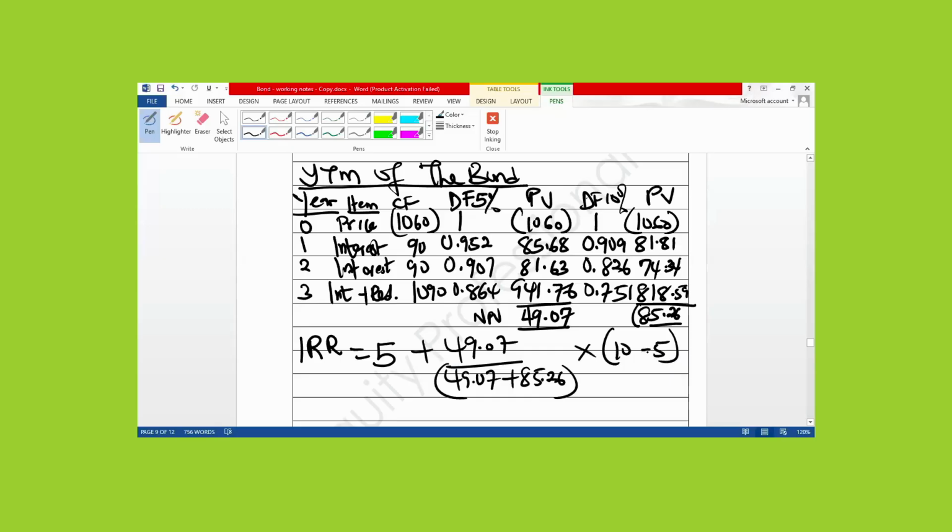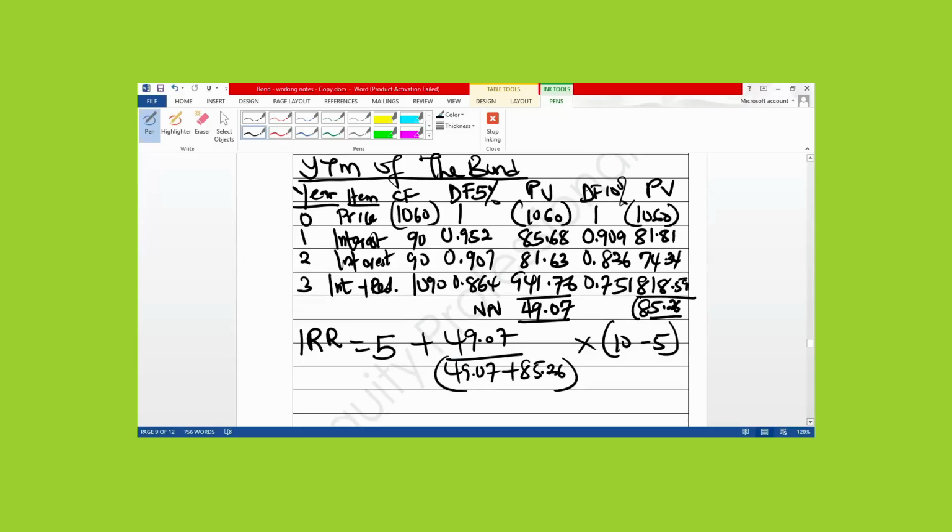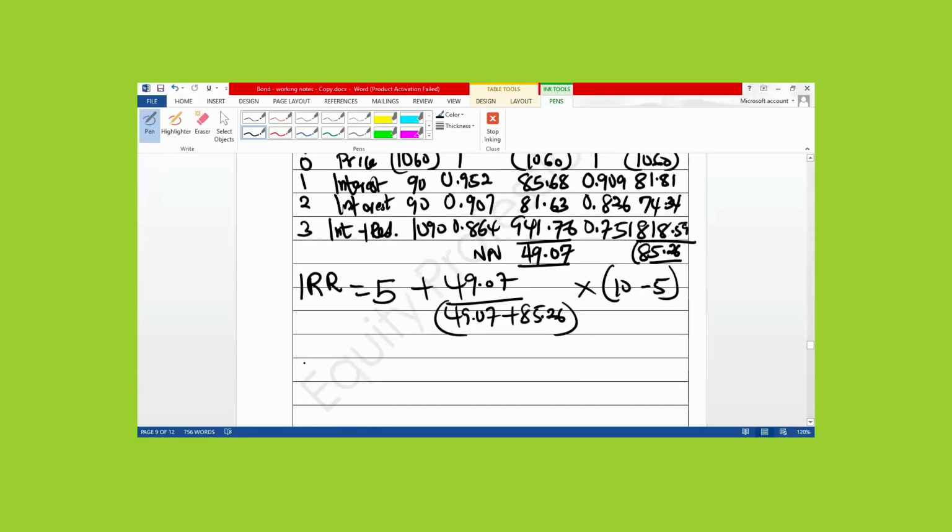Your final answer, 6.83. The yield to maturity is 6.83%.